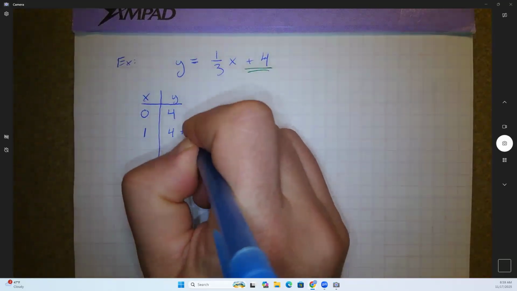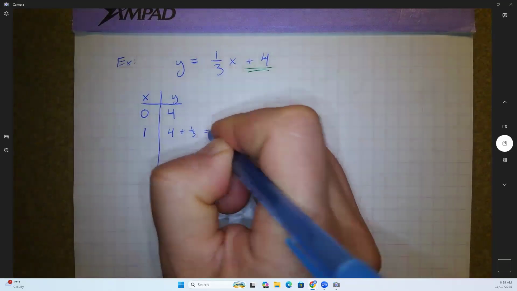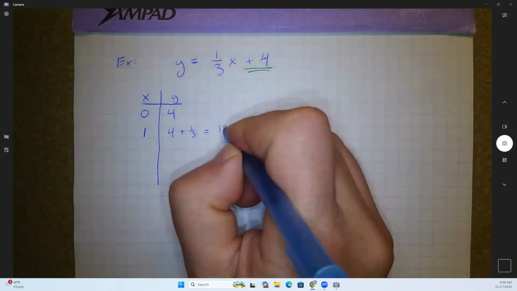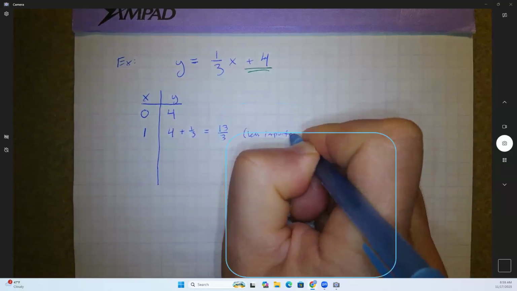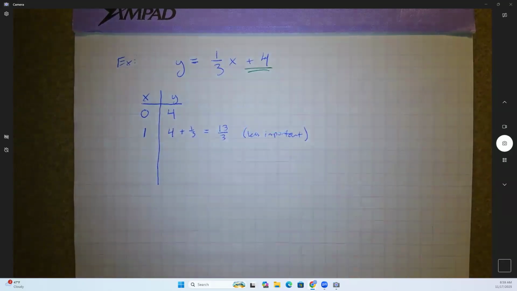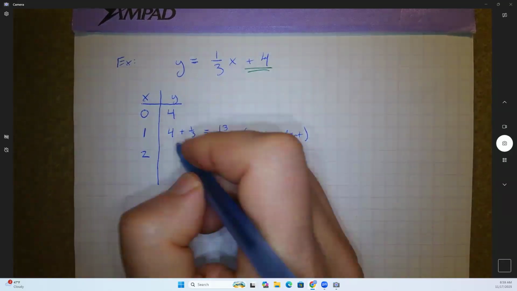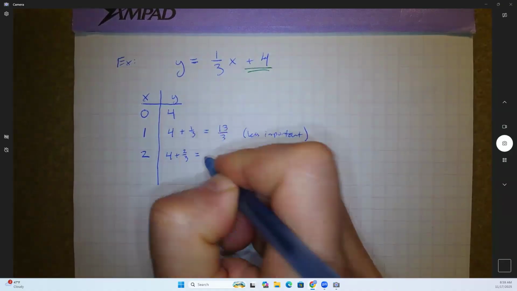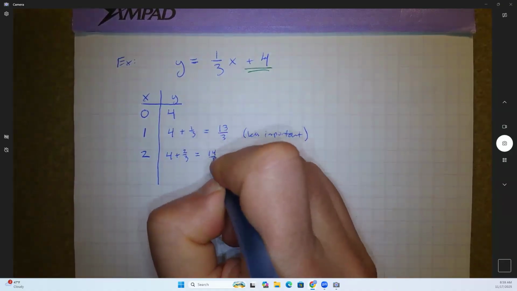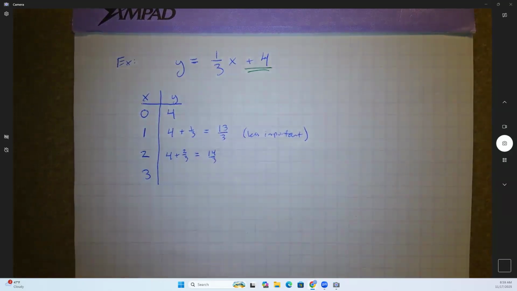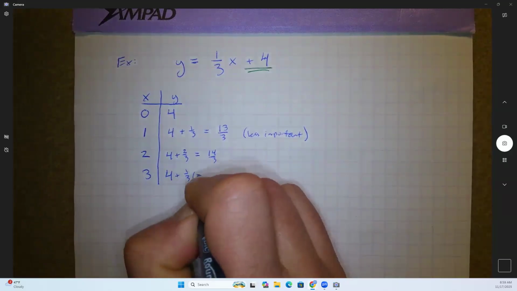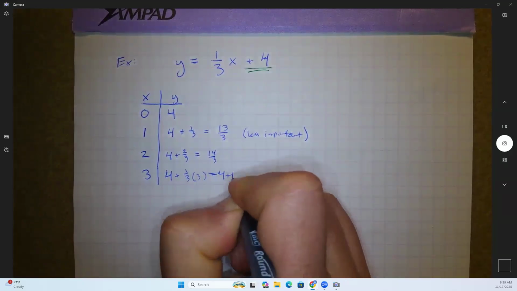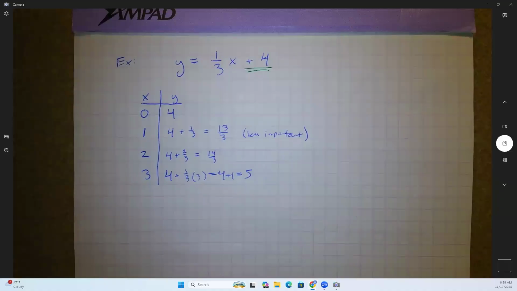That's 4 plus 1/3, which if I want to get my fractions is 13/3, but this is kind of less important. Same idea when x is 2, that's going to be 4 plus 2/3, which is 14/3. And when x is 3, y is going to be 4 plus 1/3 times 3, which is 4 plus 1, which is 5.